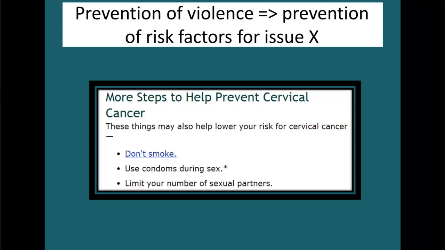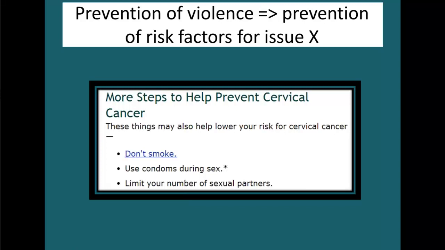So looking for things where they're talking about lowering your risk: not smoking, using condoms during sex, and limiting your number of sexual partners. I just found this online, but we know that victims of sexual violence probably aren't getting to have a voice about condom use. And just the fact that that's happening, there is an increase in number of partners. So just that basic knowledge is a really great way to connect. Plus, going back to that resource sheet that I'll send out, you can even take some data to bring that forward.